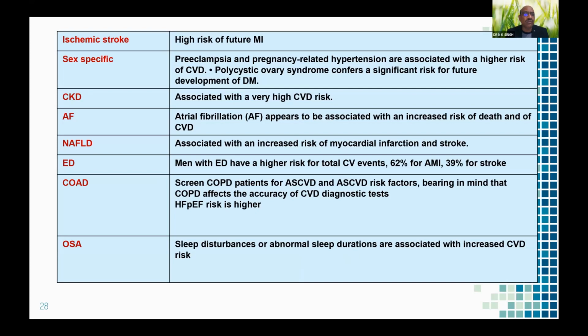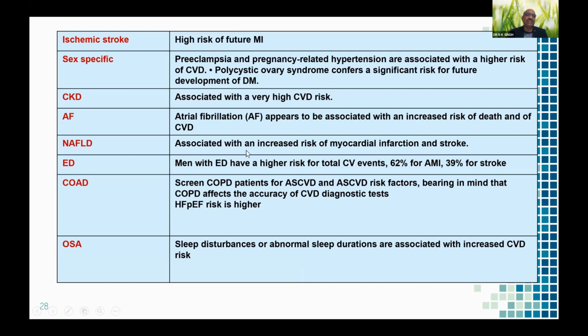You should also ask about ischemic stroke. There could be some sex-specific factors, like preeclampsia and pregnancy-related hypertension, which are associated with a higher risk of CVD. And polycystic ovarian syndrome confers a significant risk for future development of diabetes. Patients with CKD, AF, NAFLD, ED, COAD, OSA, these are all also associated with increased risk.